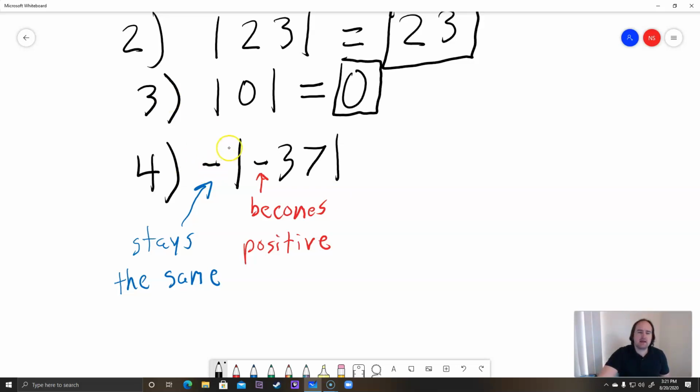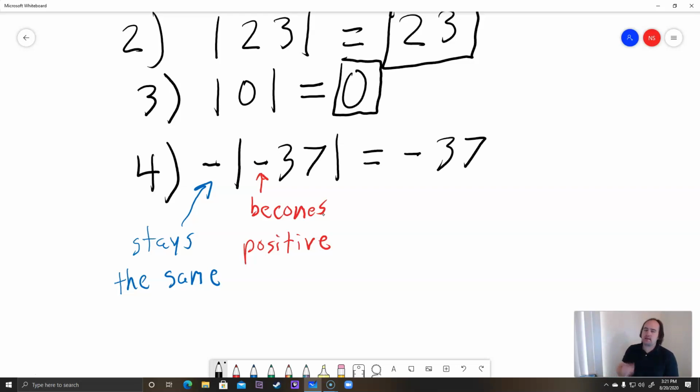So if you take negative of the absolute value of negative 37, the minus on the outside stays the same, but the minus on the inside becomes positive, which means we get negative 37 as our answer.